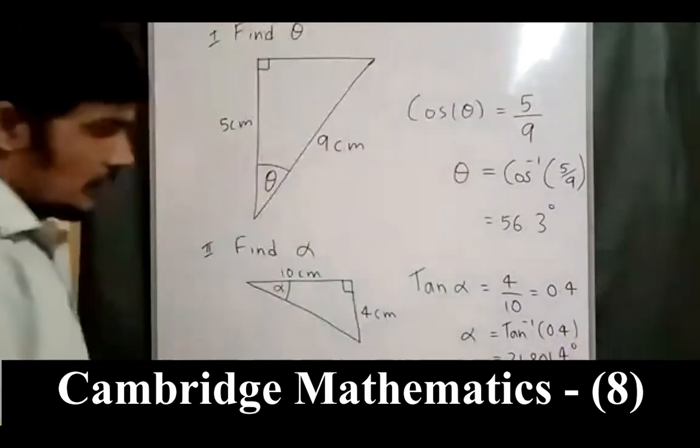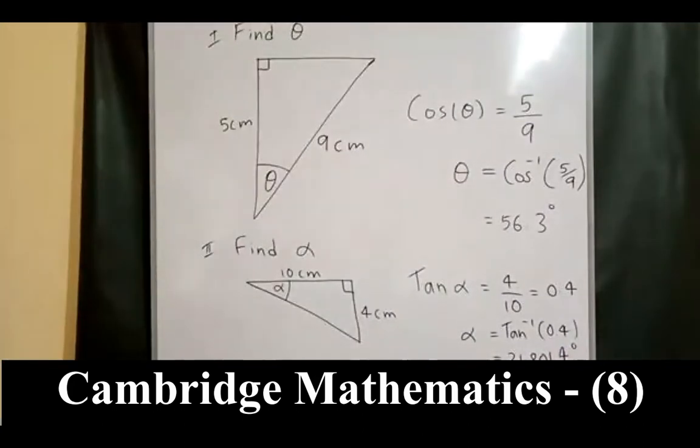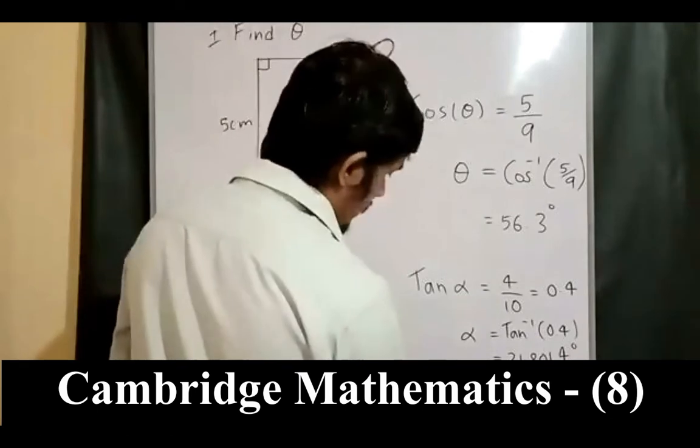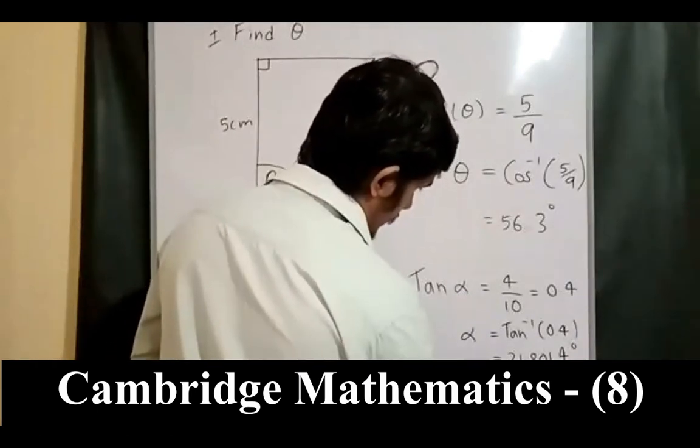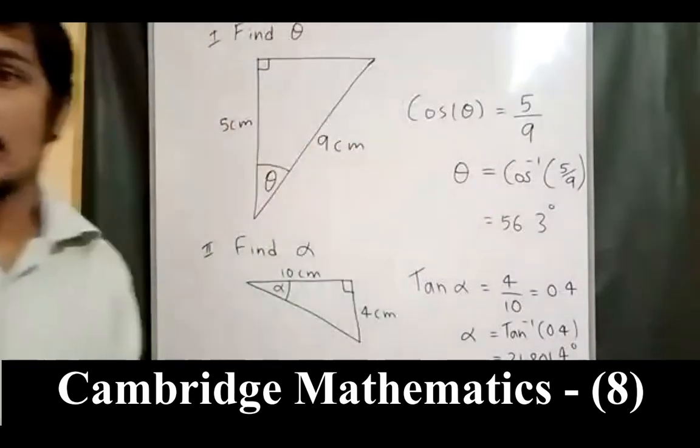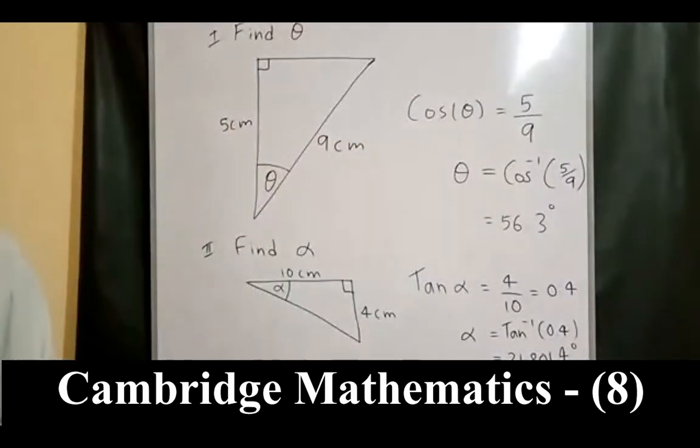If I go for three significant figures, I think your answer is not going to be 21.9, right? 21.8 will be correct for three significant figures.